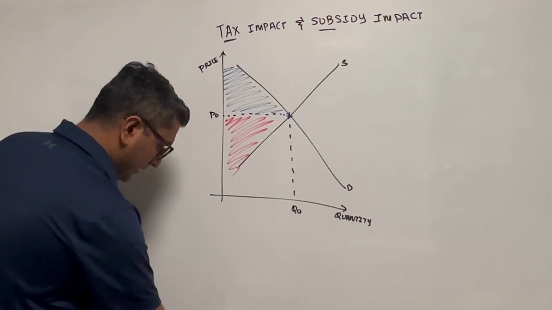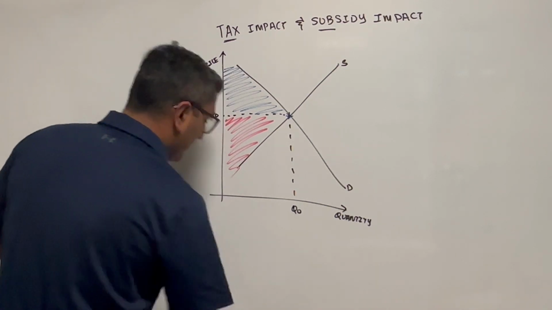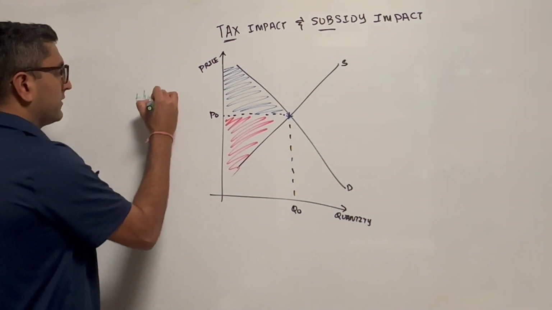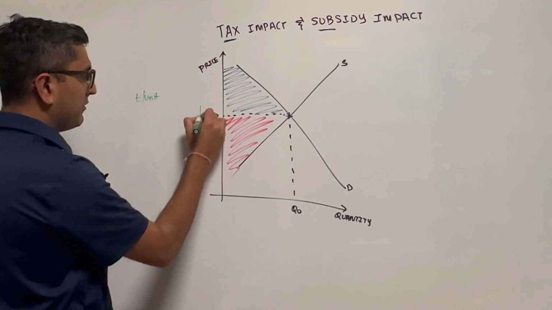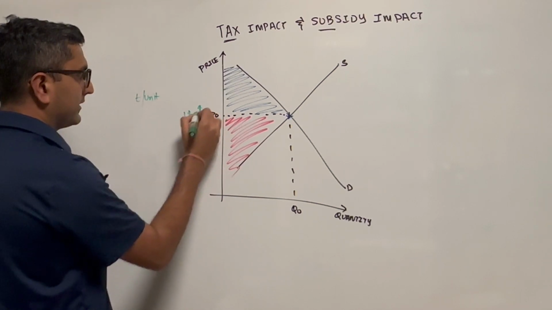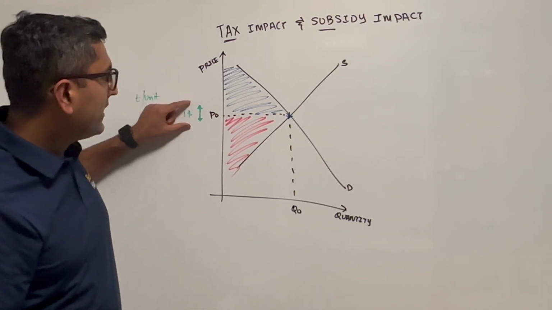Now let's imagine the government says, I'm going to add a tax T for this specific industry, T per unit. So it's going to say, let's say, a $1 tax, which is one for every unit that's sold. So someone has to pay this price.